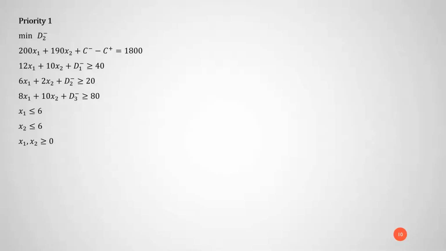So the first model, according to the first priority, will be minimizing D minus 2 with the set of constraints that I had.